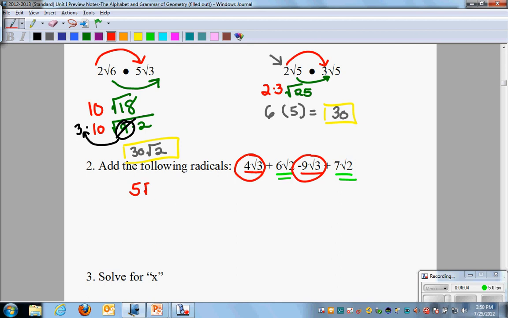And then the root 3's are just like x's. You leave them alone. And then here we have 6 plus 7. That's positive 13 root 2. And 4 minus 9, since 9 is larger, that means that is negative. That is as far as you can simplify that radical problem.